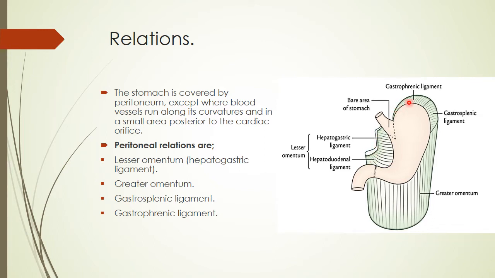Along the greater curvature, this one is greater omentum. Then the reflection of peritoneum from stomach towards spleen is called gastrosplenic ligament, and the reflection from diaphragm is called gastrophrenic ligament. So these are the peritoneal ligaments or folds related to the stomach.